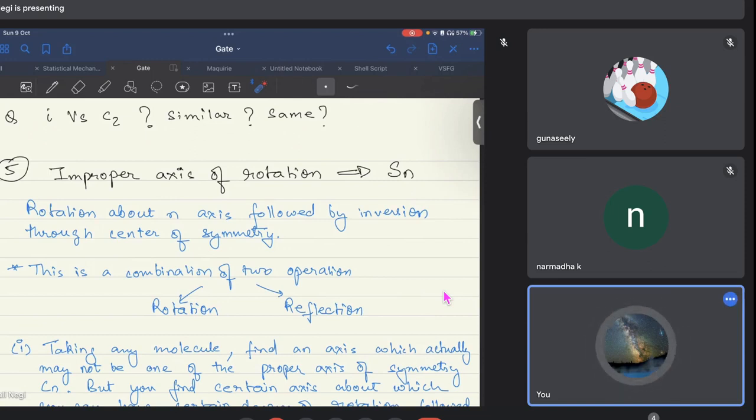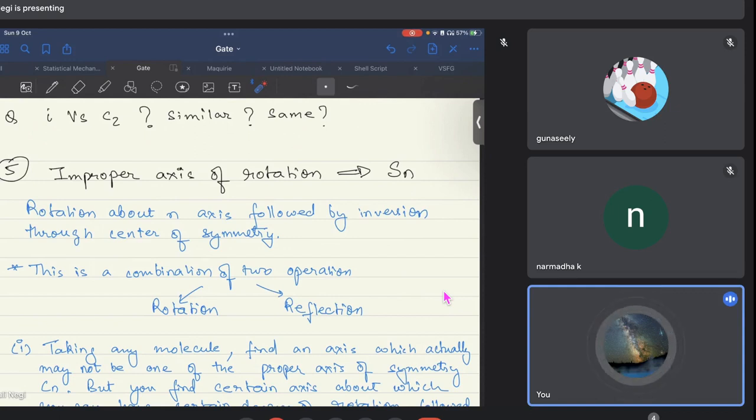So what do you think? Any quick comment? Just imagine any structure and see the operation that I and C2 do. Do they give me the same structure?